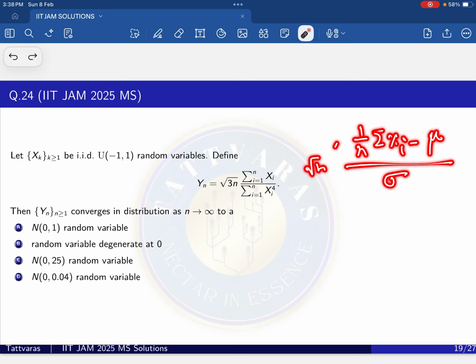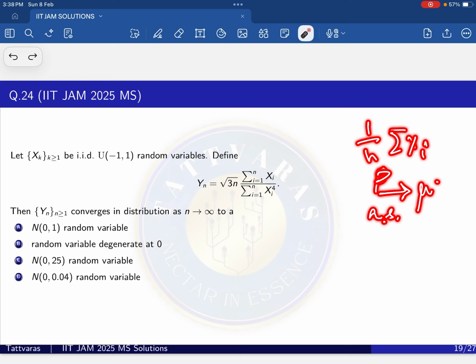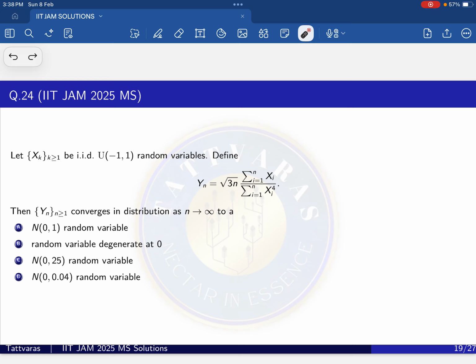When you give a suitable scale, it goes to a normal distribution, right? Also, if you take the sample average, it converges in probability to the mean, or under some assumptions it converges almost surely to the mean.